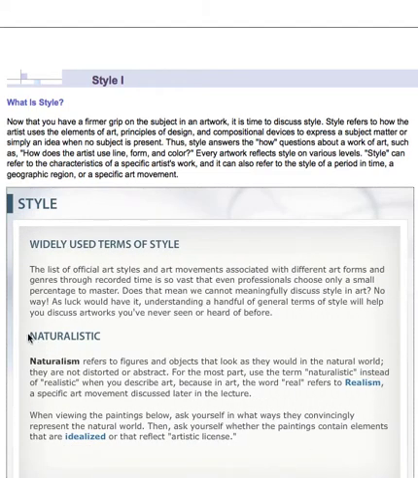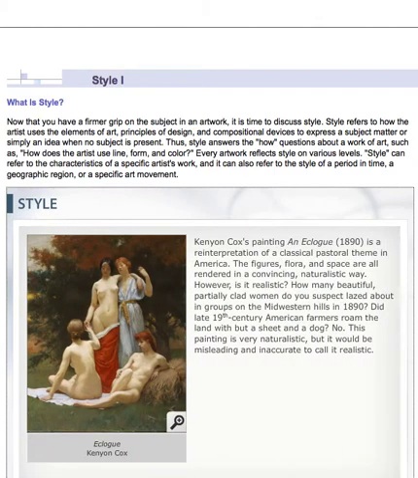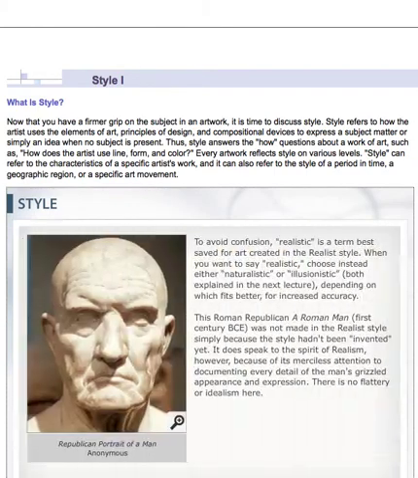Here, naturalism is a style. And these are some more examples. They'll tell you right up here that realism is a term you need to be a little careful in how you use. When you want to say realistic, choose naturalistic or illusionistic.